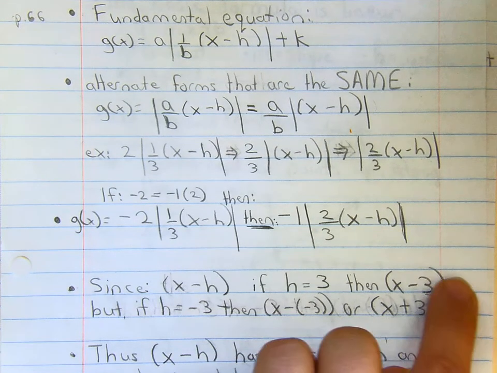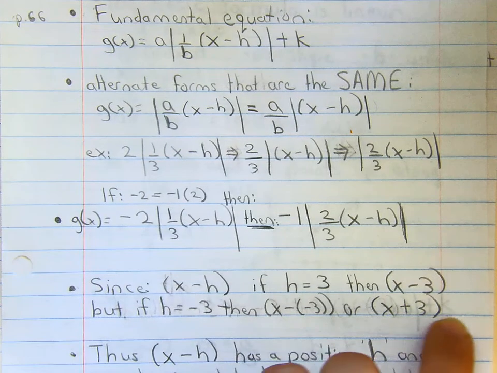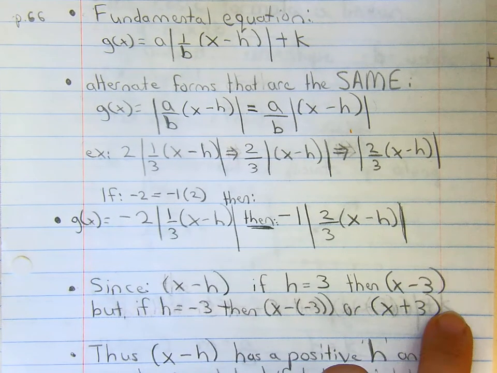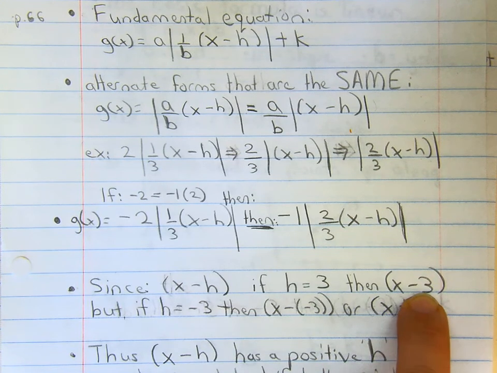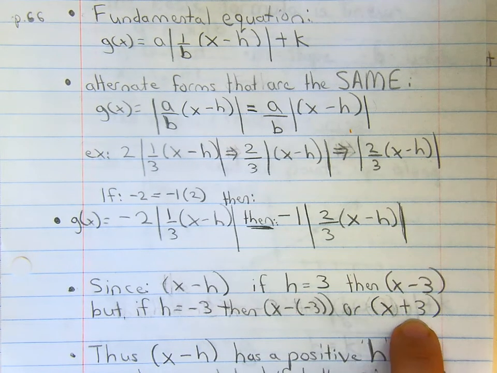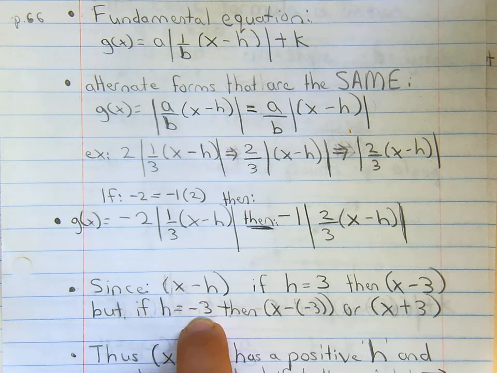This is really essential because this gets a lot of people, myself included sometimes, having to remember which direction that is referring to. If this actually has an x minus a number, that means your h value is positive. If it says x plus a number, then that means your h value was a negative number.